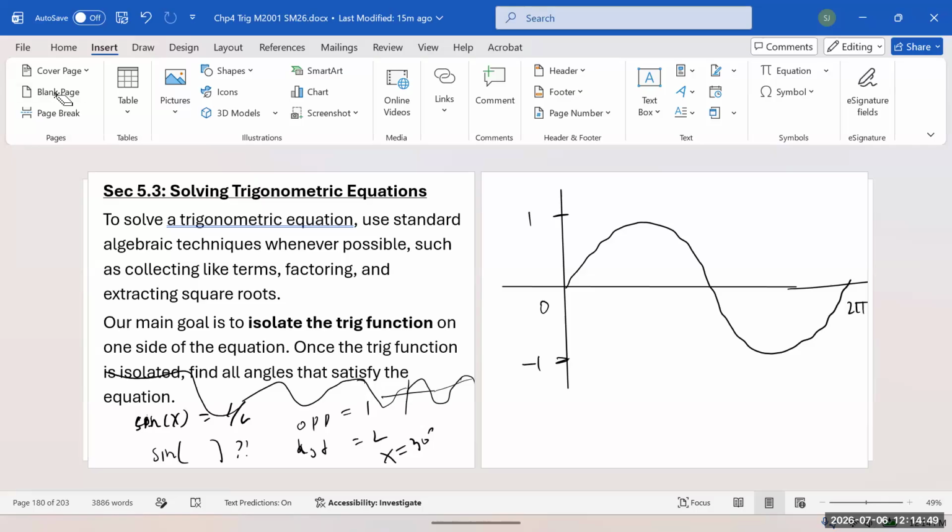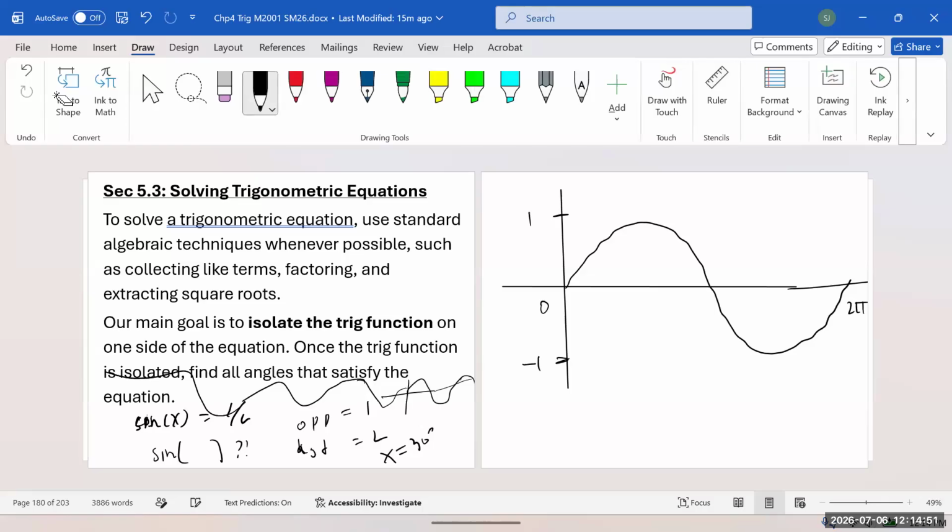Now when you're looking for 1/2, that means we have 1/2 here. So for this 1/2 number, how many sine values do we have? One sine value here, another sine value here, right? So in one cycle, we have two angles that have the same result. Opposite 1, hypotenuse 2. So in one cycle, we're going to have two solutions.